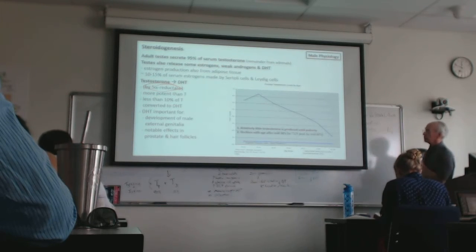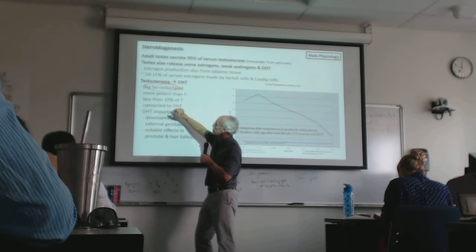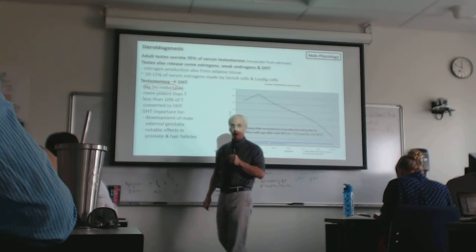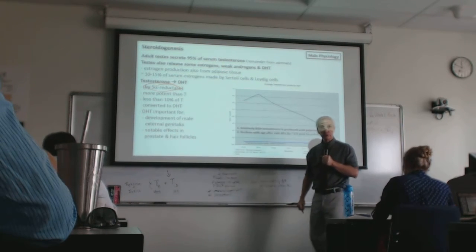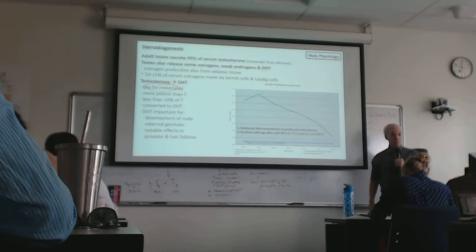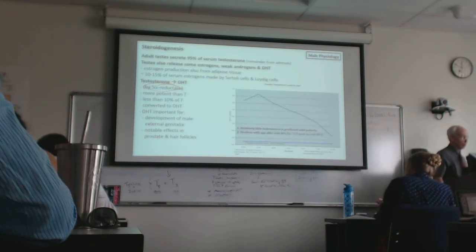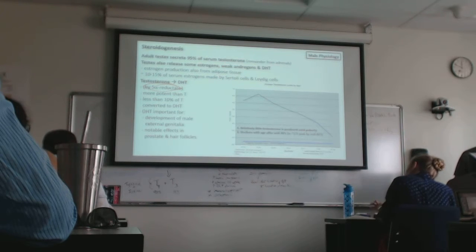You often see that DHT is more potent than testosterone. From a pharmacological perspective, potency just means what? Remember what we mean by potency in this context? It binds the androgen receptor with greater avidity than does testosterone.